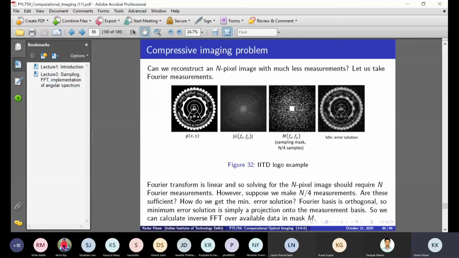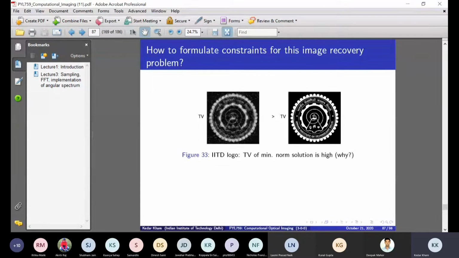So let us look at it from the penalty function perspective. What you can see is that if you take the total variation of the minimum error solution versus the total variation of the solution that you are seeking, the total variation of this minimum error solution will be much larger than that of this good solution.